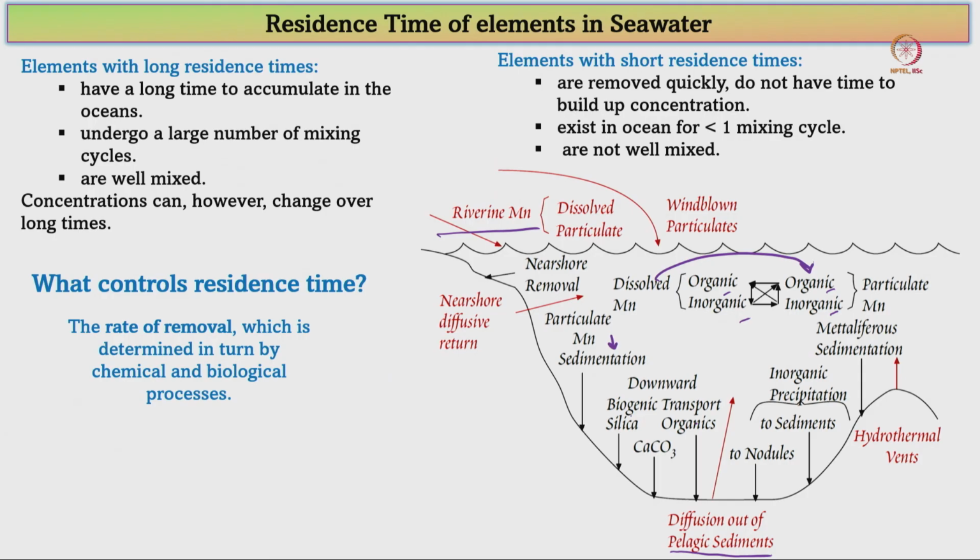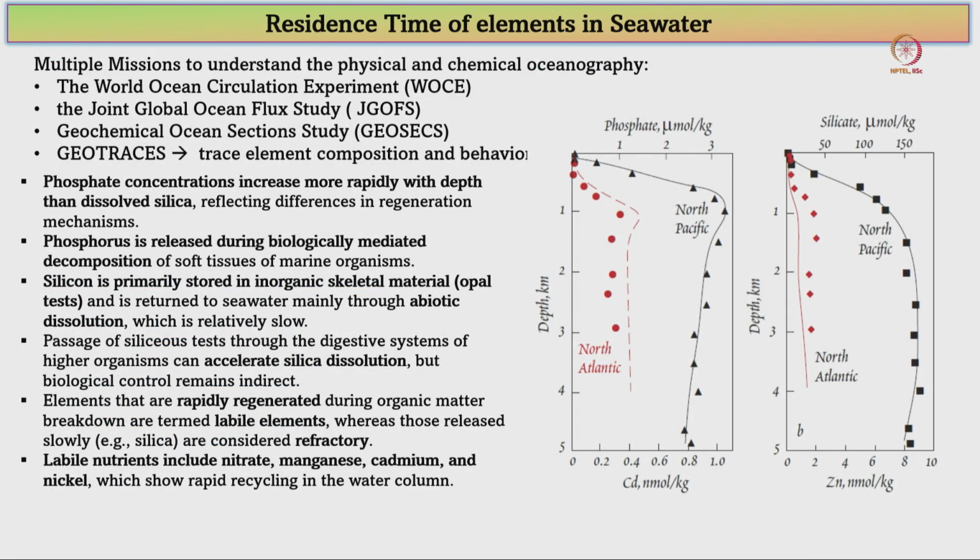The hydrothermal vents are also giving out manganese. It can get precipitated out, and it can form nodules. So, this manganese is getting removed from the dissolved phase and going down as sediments, as nodules, as inorganic sediments, as organic sediments. Such removal processes are what control the concentration in the seawater.